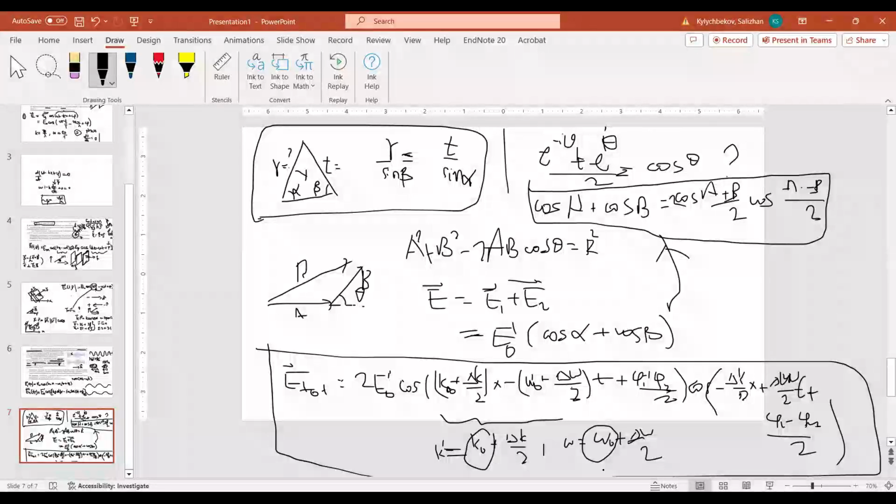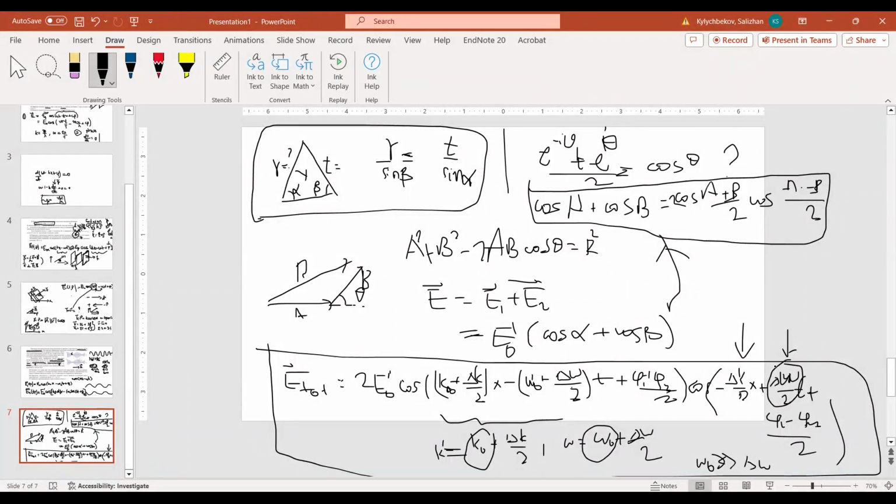But how about the second one? Do you remember that I showed last time, when showing beats, one is fast and one is slow, the envelope? The propagating one is fast, since omega is much bigger compared to delta omega. The second one oscillates with delta omega.